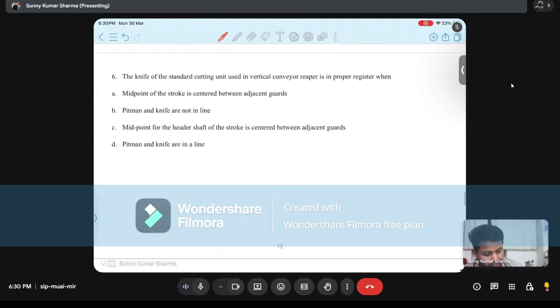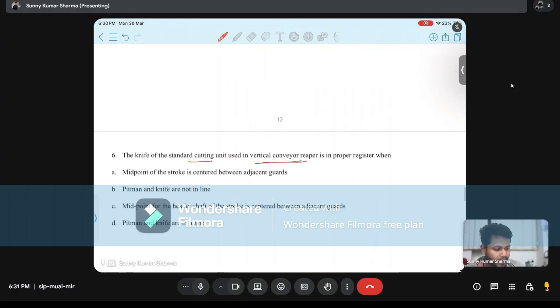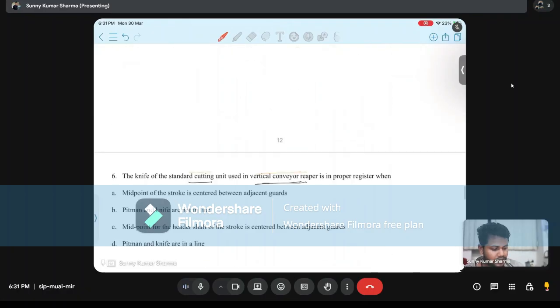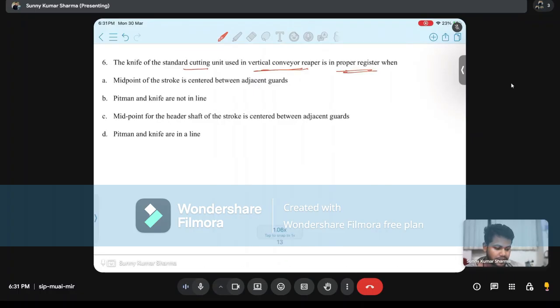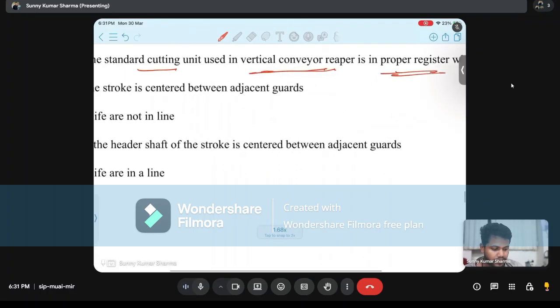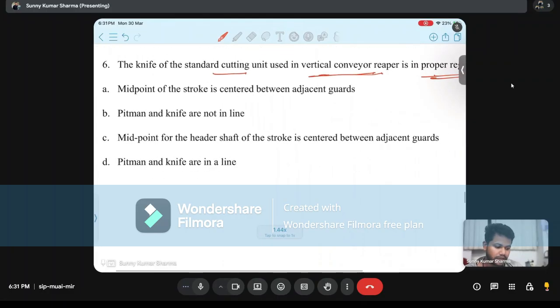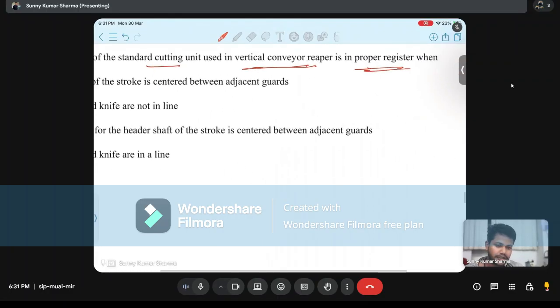The next question is about the knife of a standard cutting unit used in a vertical conveyor reaper being in proper register. Two things are there when we study harvesting: one is registration and one is alignment. When a reaper has proper registration, we say it is properly registered.